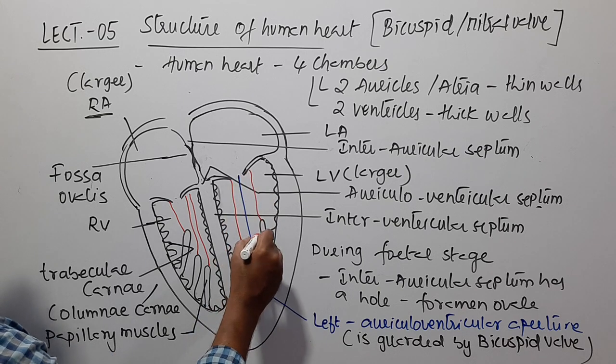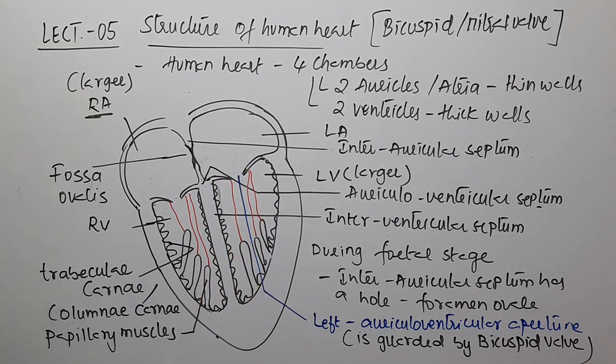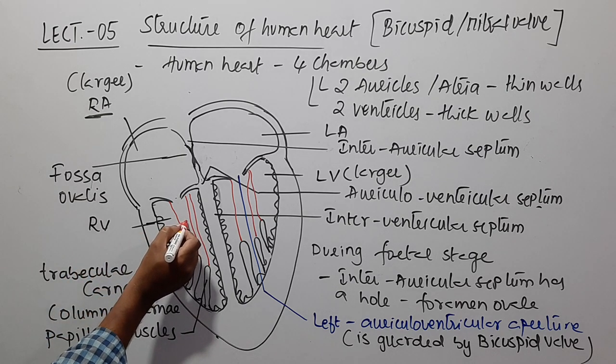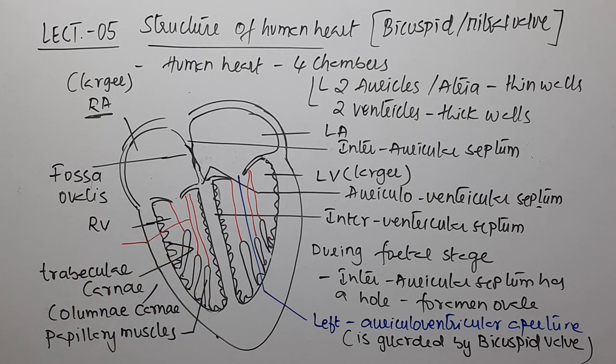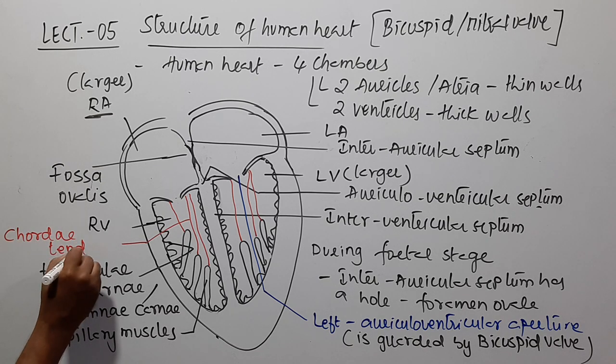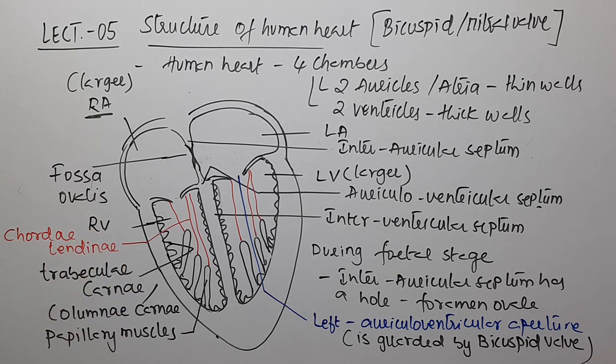You can see here they are attaching to the valves. These thin strings are called the heart strings, or the chordae tendineae.